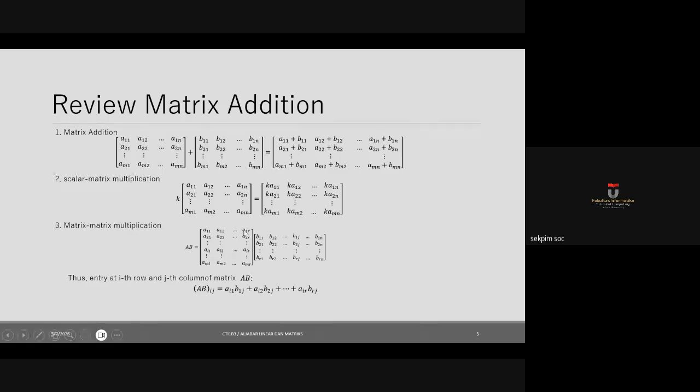For two matrices to be able to be multiplied, the column size of the first matrix should be equal to the row size of the second matrix. Yeah. And if you have (AB)ij, this is the notation for the entry of the result of multiplication AB.